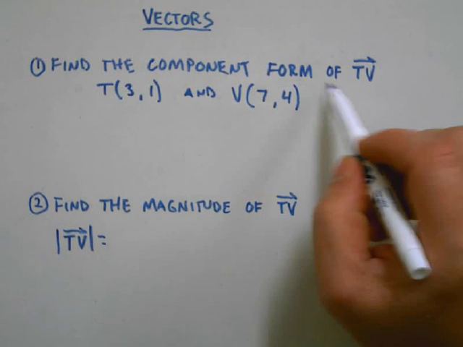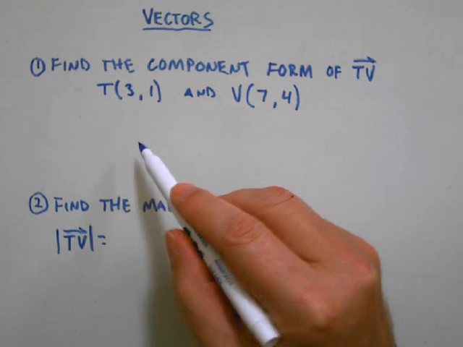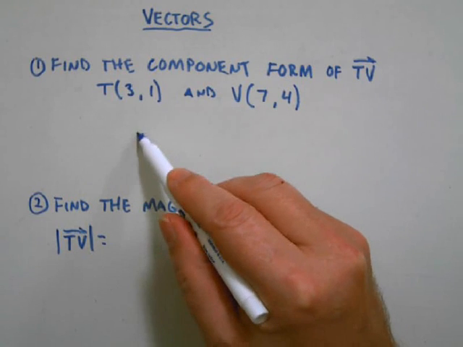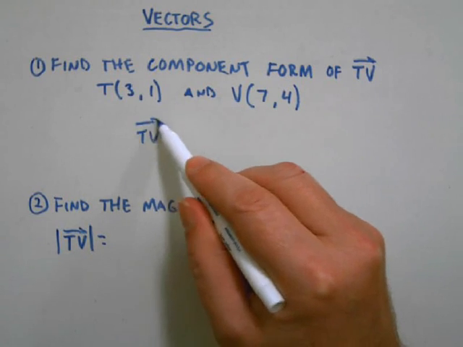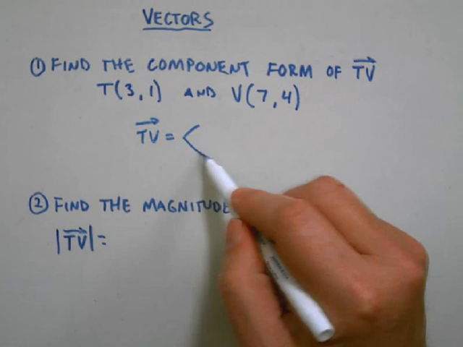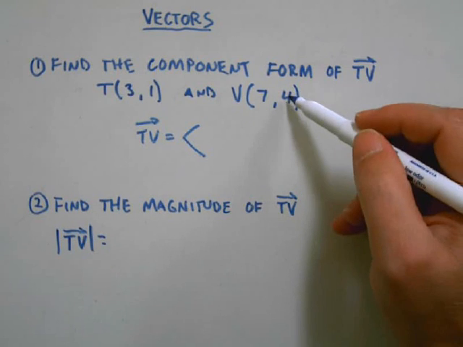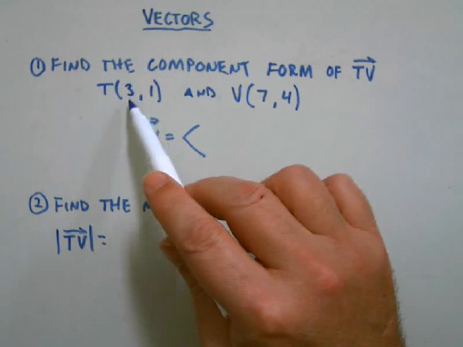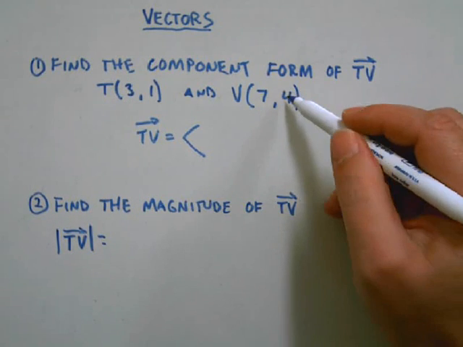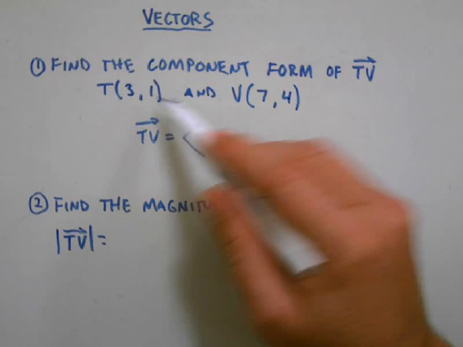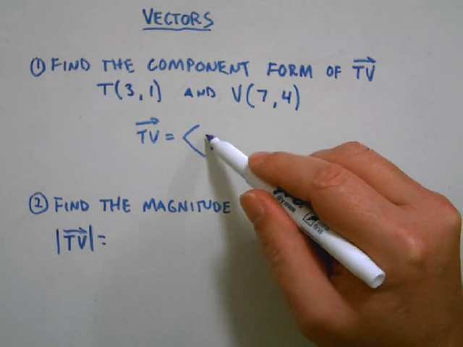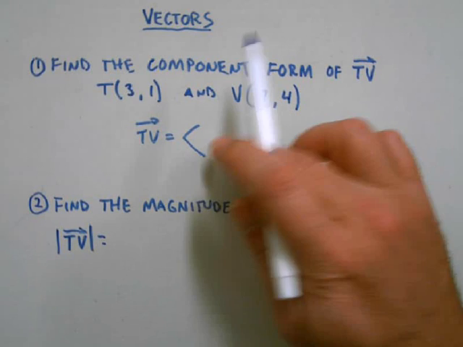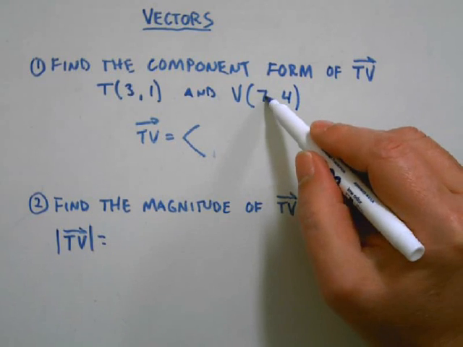To get the component form of TV, what we would do is subtract the initial point from the terminal point. Let's do the x first: 7 minus 3.